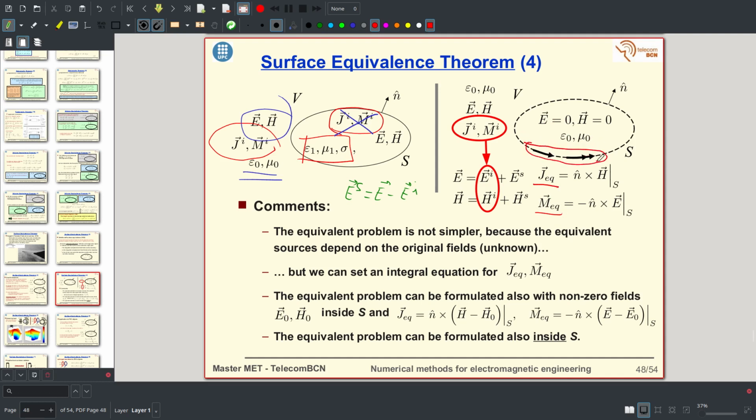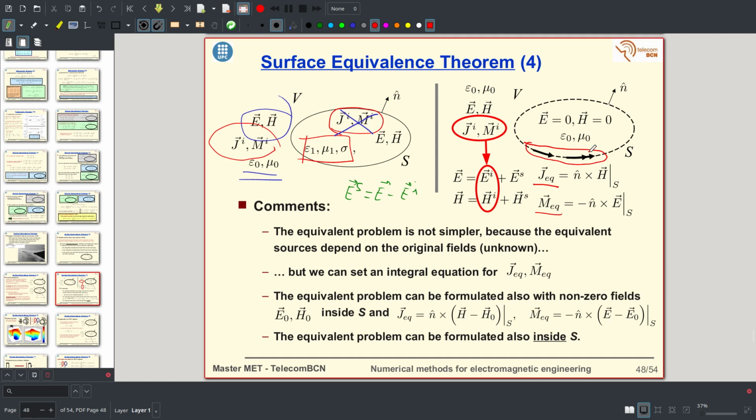And it is very important to have surface equivalent currents instead of volume equivalent currents, because when we compute the radiation of these currents, we will have a surface integral instead of a volume integral. And this will be computationally much cheaper, to compute the surface integral than the volume integral, which is much more expensive.